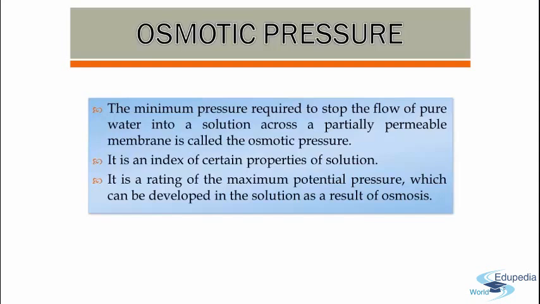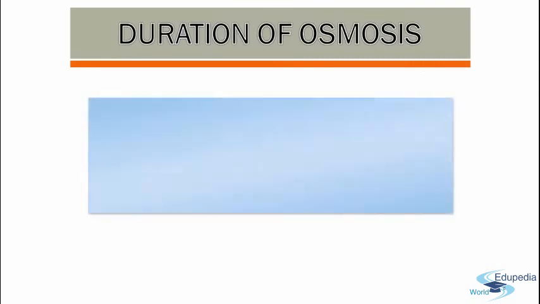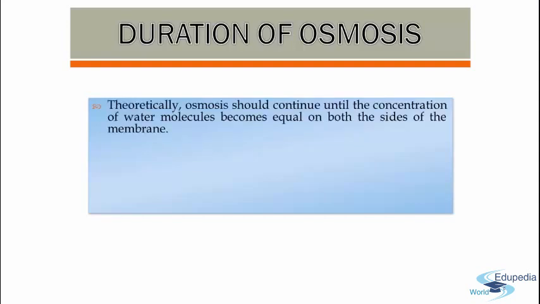as a result of osmosis. Now, what will be the duration of osmosis? For how long will osmosis continue? Theoretically, osmosis should continue until the concentration of water molecules becomes equal on both sides of the membrane.